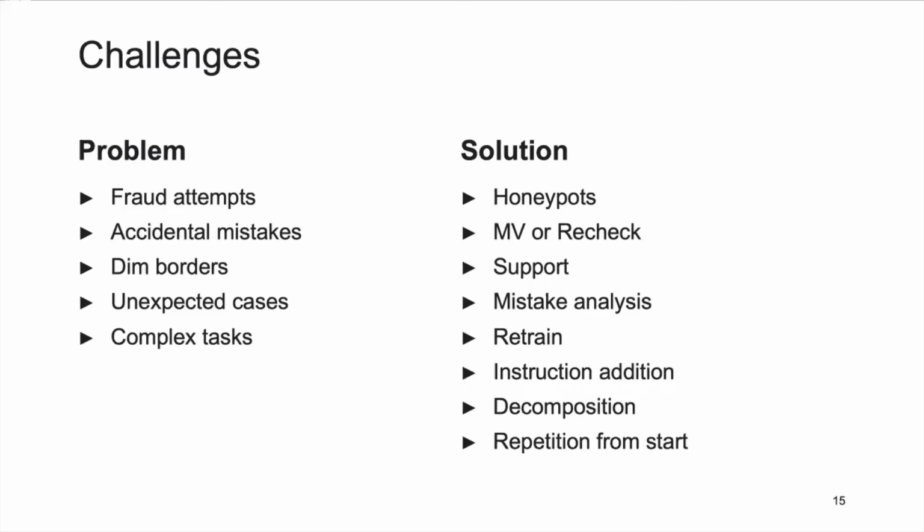Mistake analysis is the best way to find dim borders. Retraining and instruction editing help us to teach our Tolokers. And decomposition also helps us to reduce the complexity of tasks. After all these steps, often we need to repeat all these steps from the start to get even higher quality.